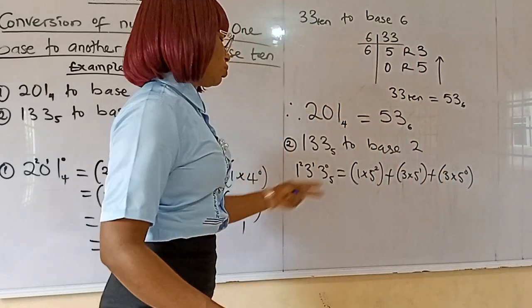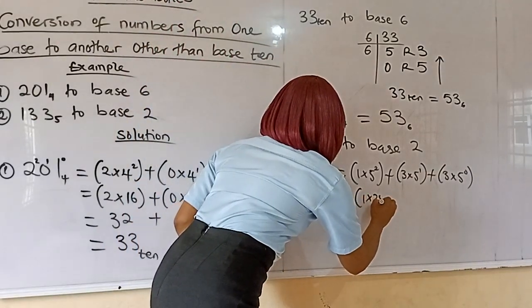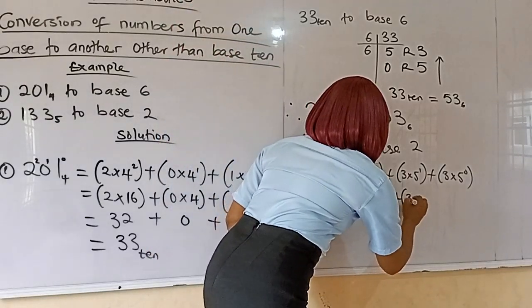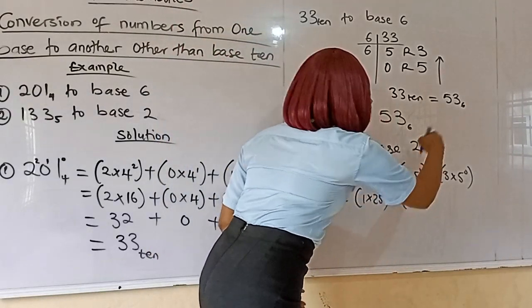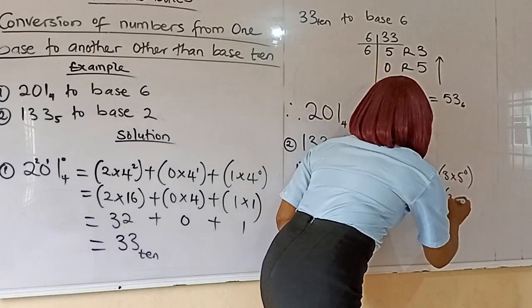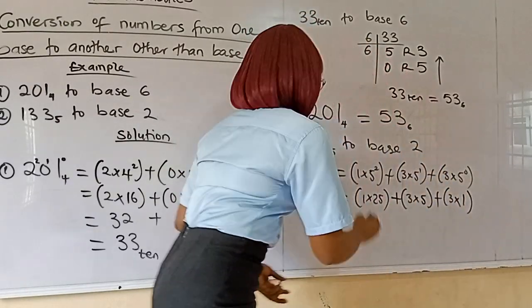We are expanding because we want to convert to base 10. This is equal to 1 times 25. Remember, 5 raised to the power of 2 is 5 times 5. Plus 3 times 5 raised to the power of 1, which is 5. Plus 3 times 5 raised to the power of 0, which is 1.